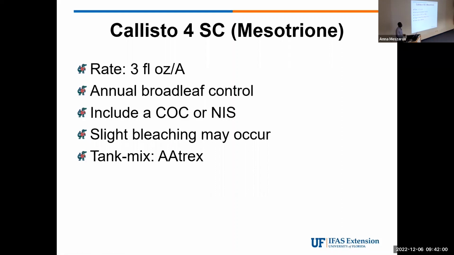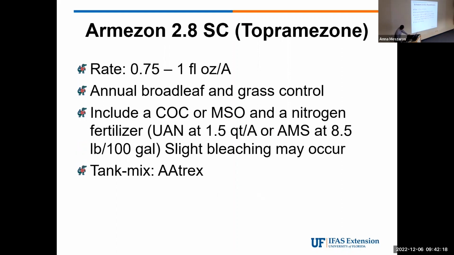And with Callisto, you can tank mix it with even as low as a pint of atrazine instead of using the 4 pints or 6 pints. So it helps reduce the amount of atrazine you use on your crop, but still improves annual broadleaf weed control. Then Amazon is the other product. It's also a bleacher. The use rate is from 3/4 of an ounce to 1 fluid ounce.